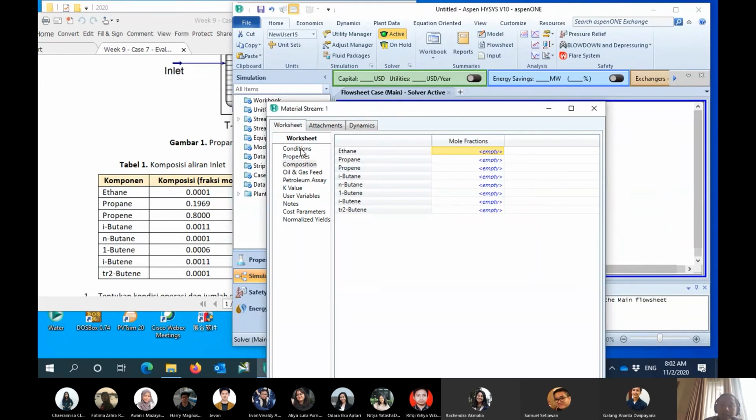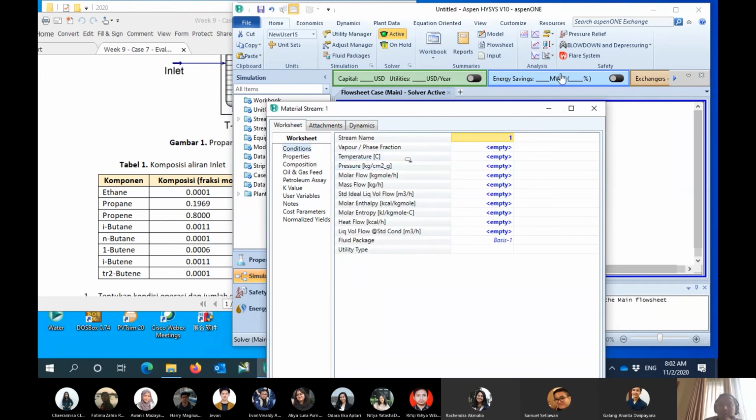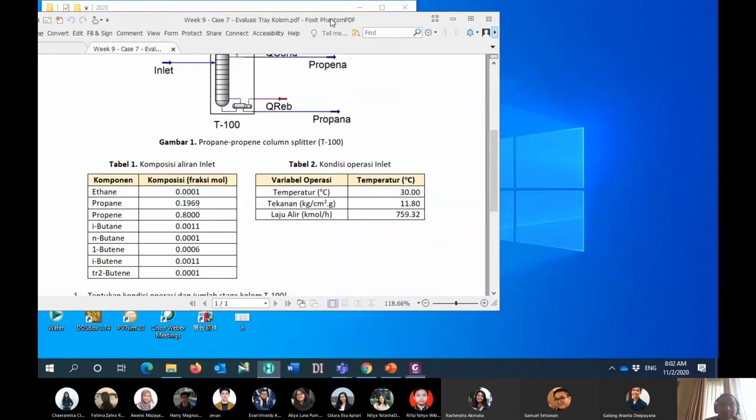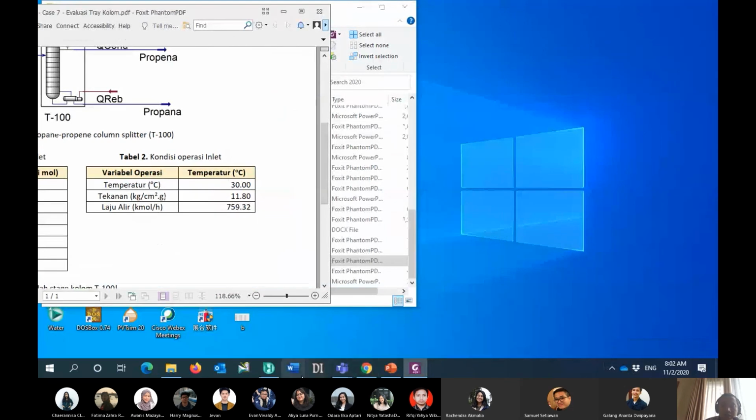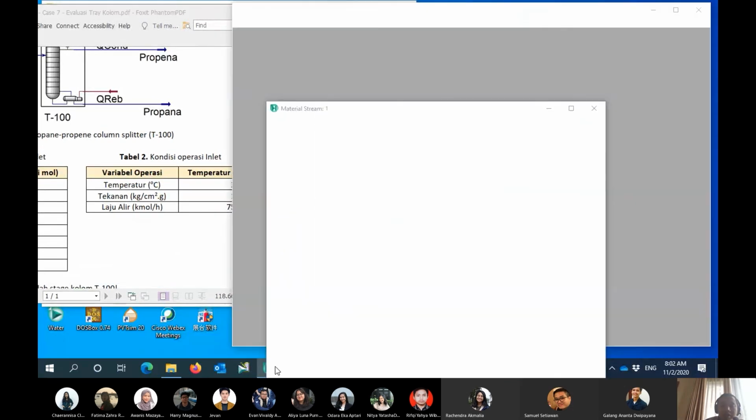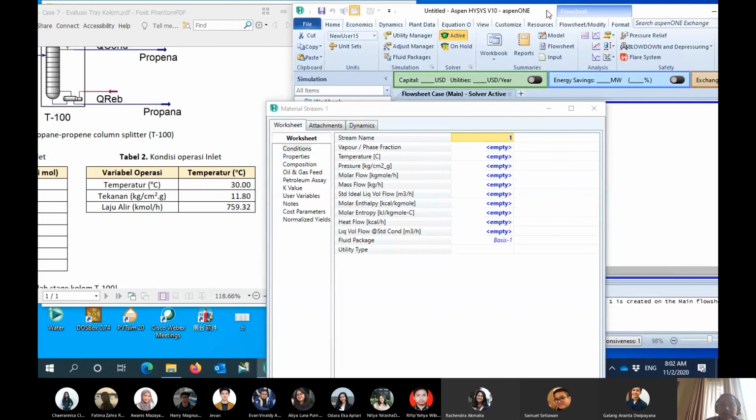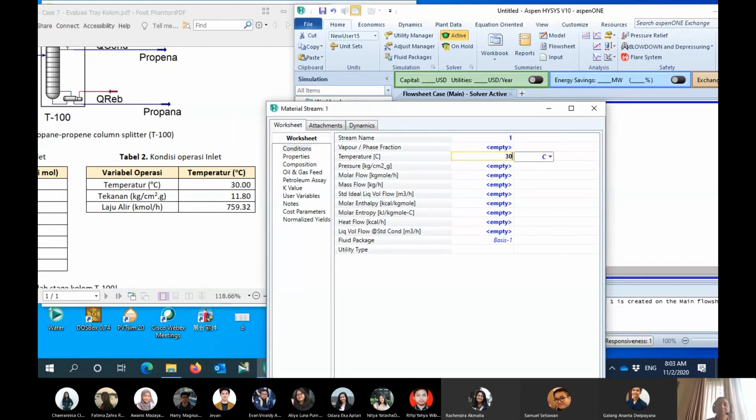And then for the process condition for the feed, I will follow table number 2. The temperature will be 30 degrees C, the pressure will be 11.8, and the flow rate in terms of mole will be 759.32 kilomole per hour.